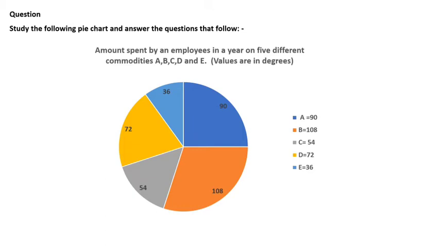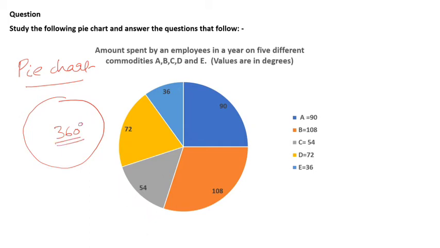In this pie chart, the total degree measurement is 360 degrees. If you add 36, 90, 108, 54 and 72, the total will be equal to 360. It's very important, 360 degrees.